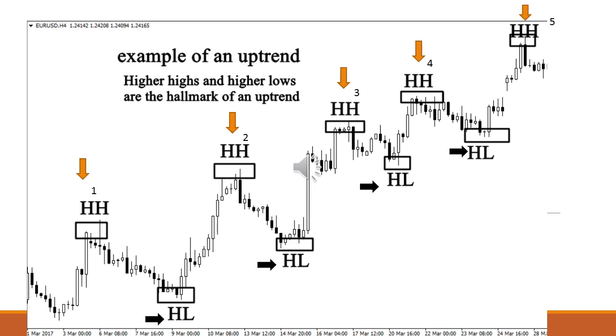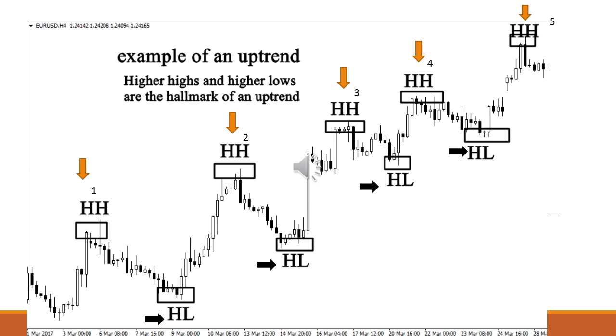Then it went down again and formed a higher low, and it moves again and forms, at number three, a high, and this high closes above the previous higher high. So that shows that the market is in an uptrend. As this market is moving, you can see that it is respecting support and resistance.